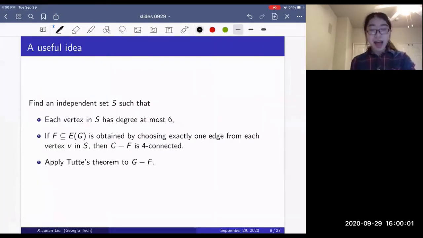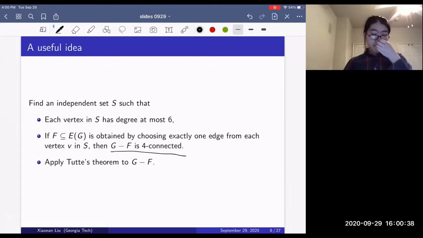First, we find an independent set S such that each vertex in S has degree at most 6. If F is an edge set obtained by choosing exactly one edge from each vertex v in S, then G minus F is 4-connected. If G minus F is 4-connected, we can apply Tutte's theorem to G minus F, so it has a Hamiltonian cycle.